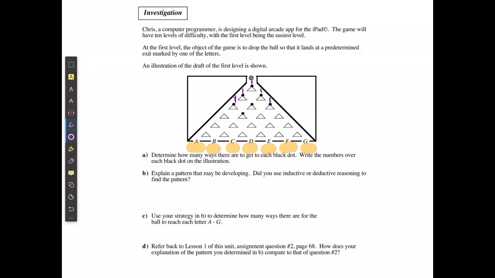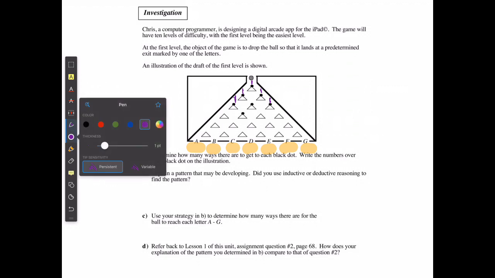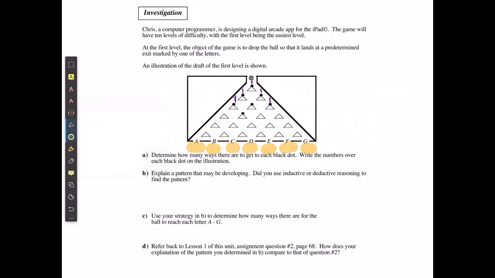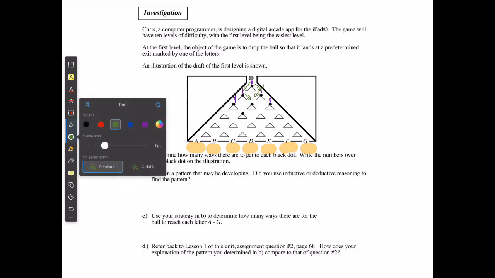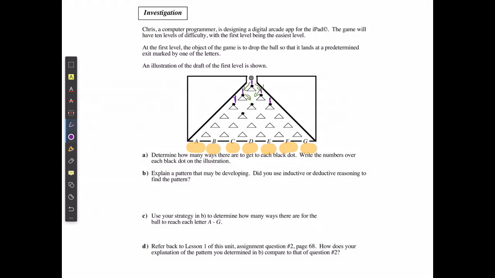Now the ones on the inside are slightly more complicated, because we can see that here we can drop down from the top, and it can go to the left, and then to the right to get there, or drop down from the top and it can go to the right and then to the left to get down there, which means that for this one, there's actually two ways we can get there.